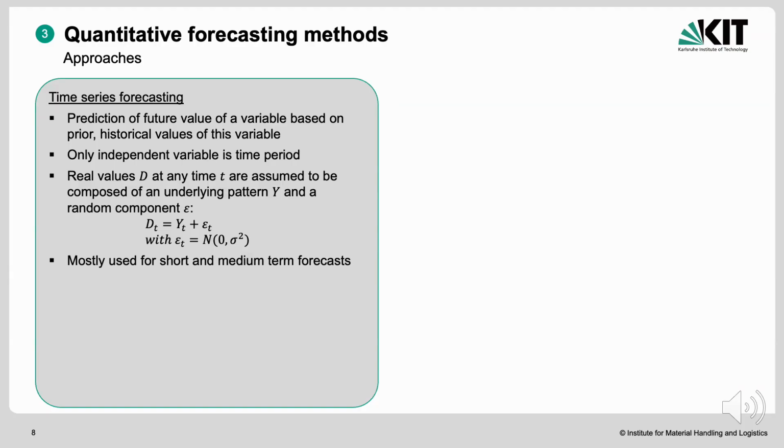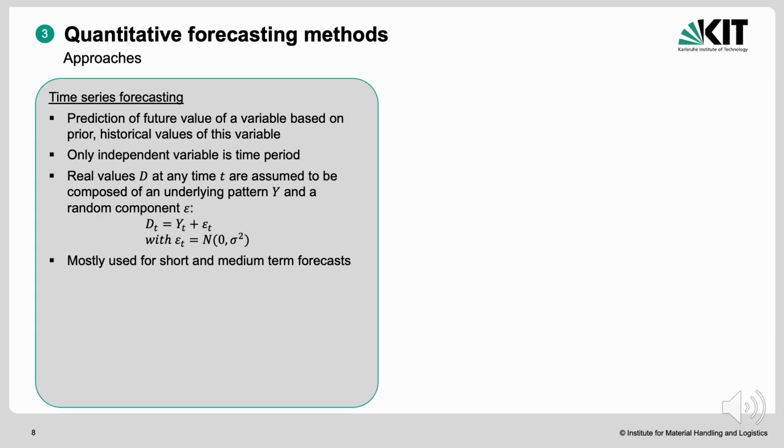So we have prior historical values, the sales of, and we assume that the only independent variable is time, so time explains everything which is happening. And we assume that the real values that are going to be realized in the future are composed of an underlying pattern, capital Y, and a random component epsilon.